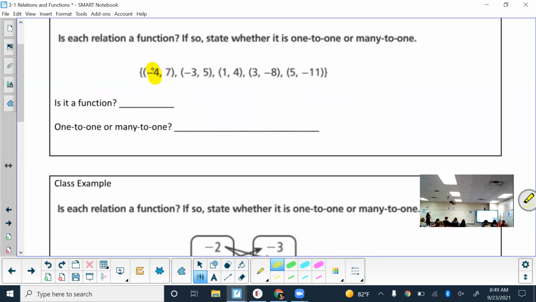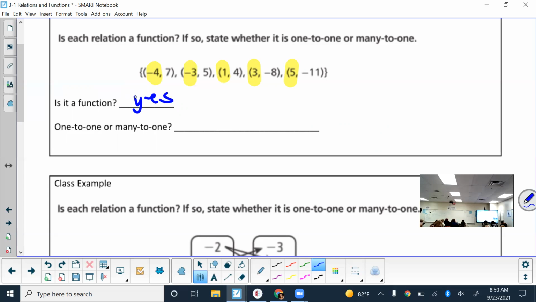Here are all of my x values. Are there any repeating x values? No. So what does that mean? It's automatically a function. I don't even need to look at the y's. So yes, it's a function.